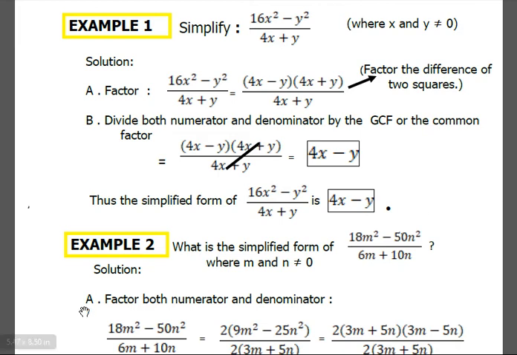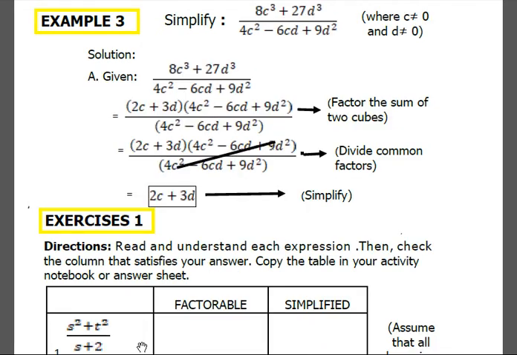For example 1, the solution is obvious, so we just apply the concepts above, so I don't need to further explain it. The same is true with example 2, and let me proceed with example 3. Examples 2 and 3 are self-explanatory, but let me give you another alternative method in solving example number 3.